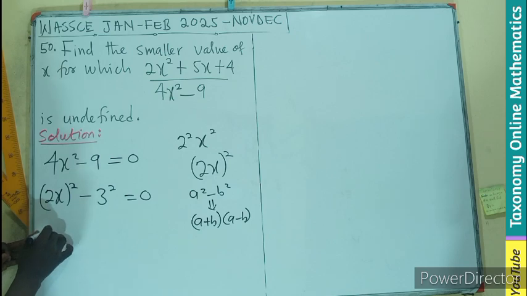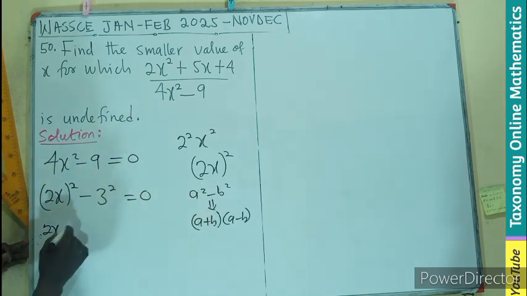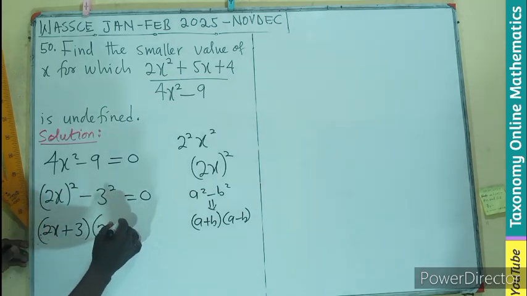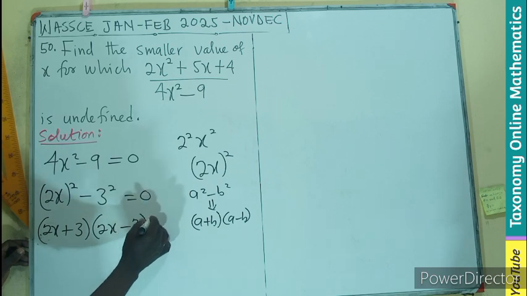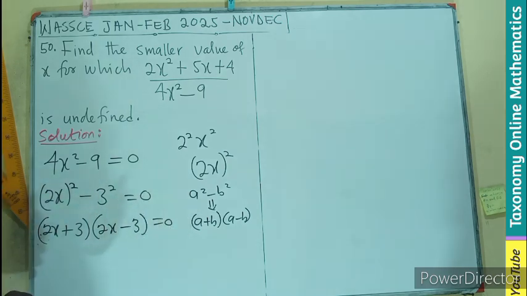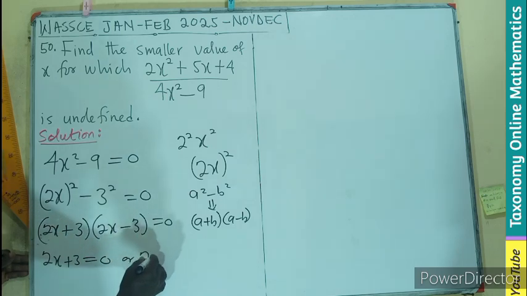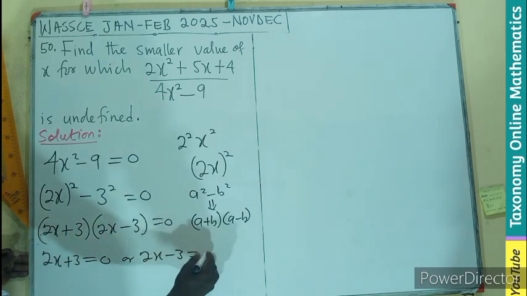So that becomes (2x plus 3)(2x minus 3) all equals 0. And when we are multiplying two numbers and their result is 0, it means either the 2x plus 3 is 0 or the 2x minus 3 is 0.